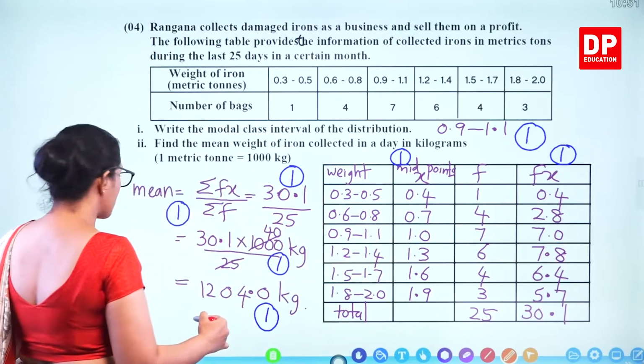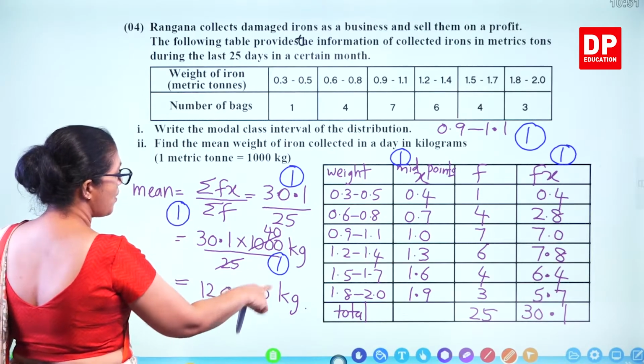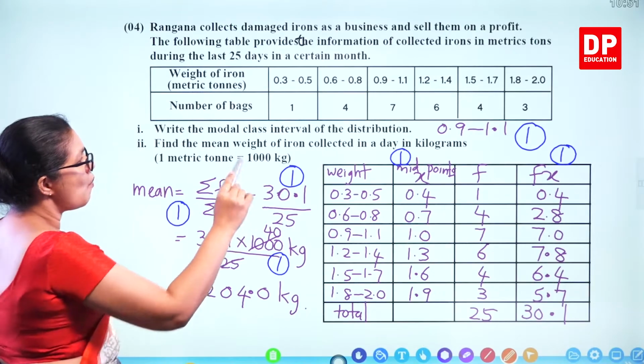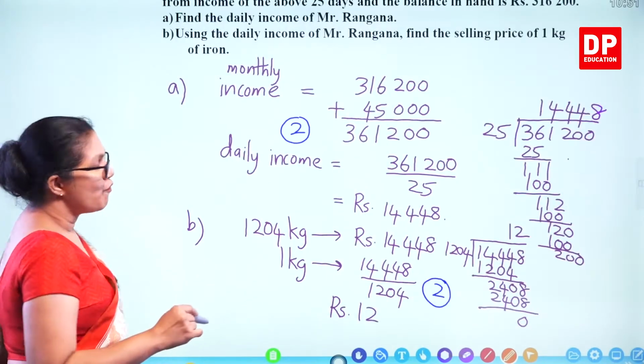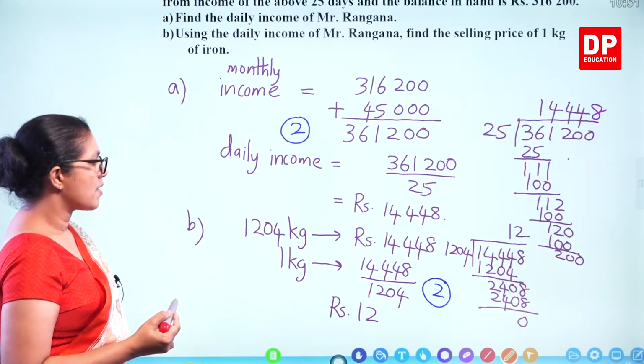So 1 mark extra here, for the final answer. 1, 2, 3, 4, 5, 6 and 4 altogether 10 marks.